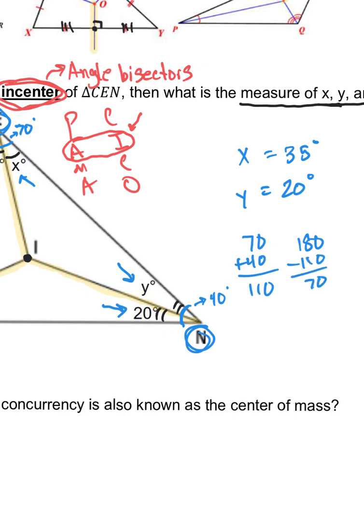So that tells me that this whole angle C, this whole angle over here, altogether is 70 degrees. Now, we have an angle bisector cutting it in half, which tells us that each of these is going to be 35 degrees, because 70 divided by 2 equals 35. So z is also equal to 35 degrees.